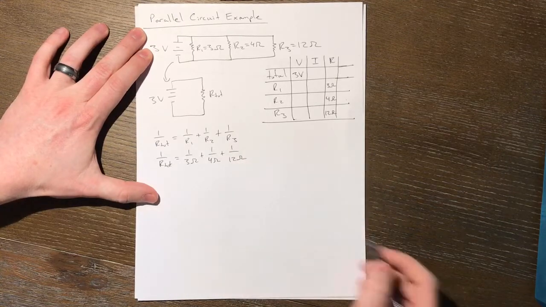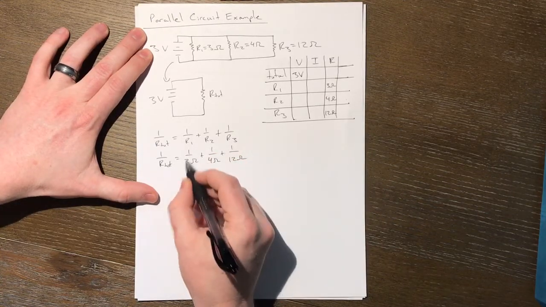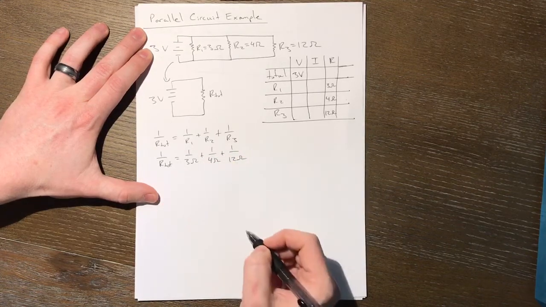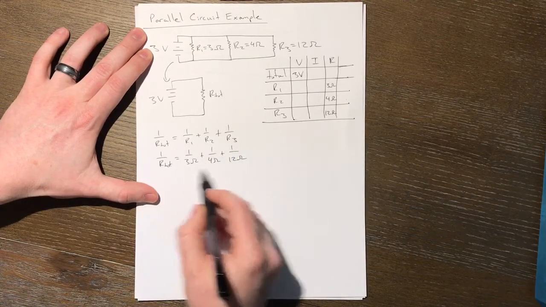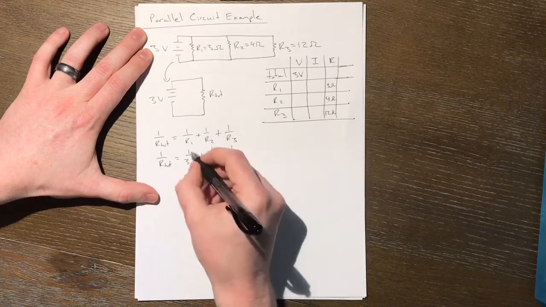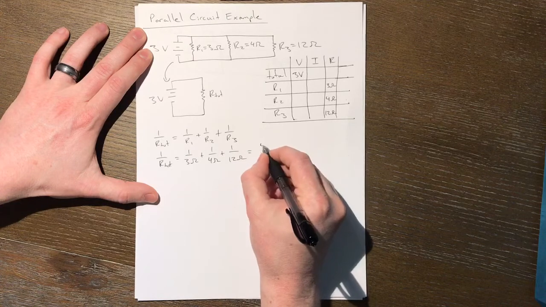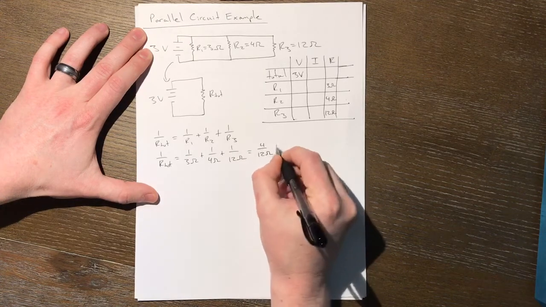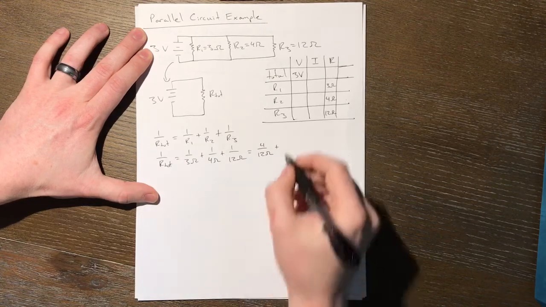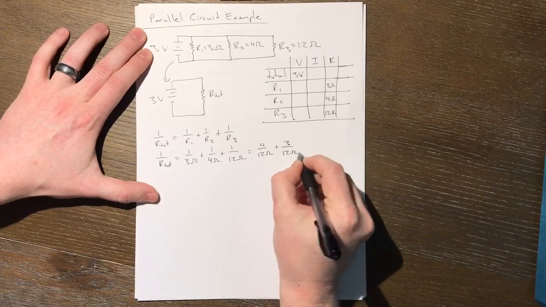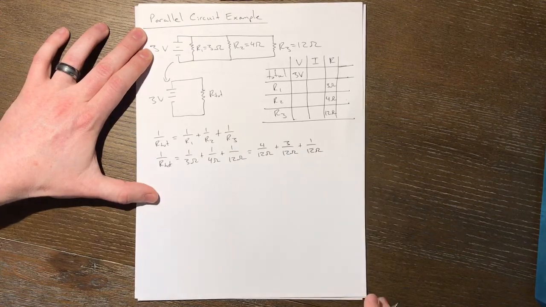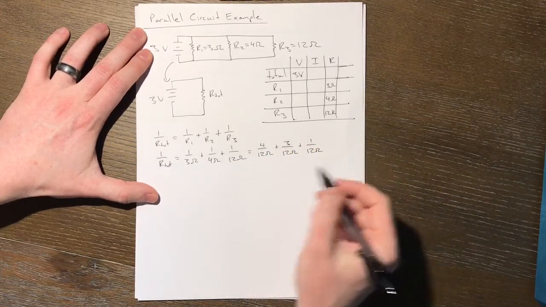For those of you interested, you multiply the top and bottom by the same numbers, all in an effort to get the bottom numbers all the same. So the least common denominator between 3, 4, and 12 would be 12. We multiply by 4 over 4. That's 4 over 12 plus, to get 4 to 12, we multiply by 3, 3 over 12 ohms. And then 12 is already 12, obviously.